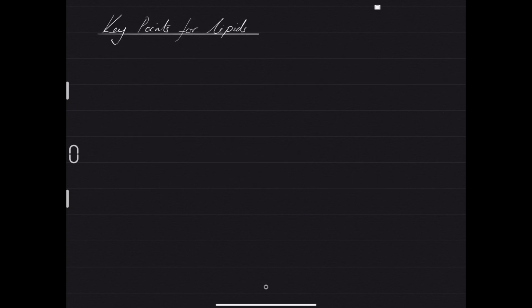Before we go on to the molecular structure of lipids, I just realized that there were two more important points about lipids that I had left out from the previous slides. These two roles of lipids are important.